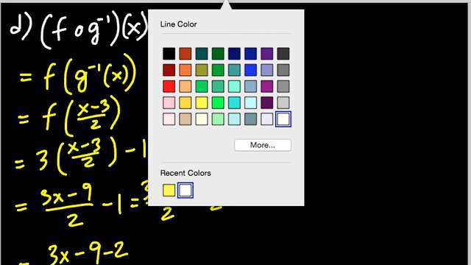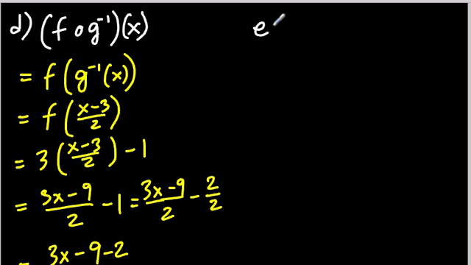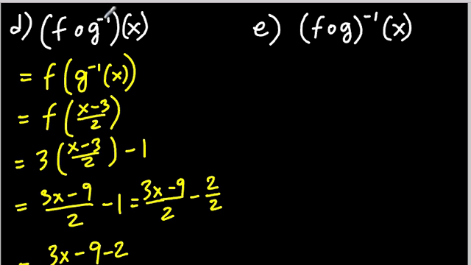Let me do something that looks similar, but is actually very different. So for E, let's do f of g, inverse of x. Observe the differences here. Here, the negative 1 is, or the inverse is of the g function only, not of the f.